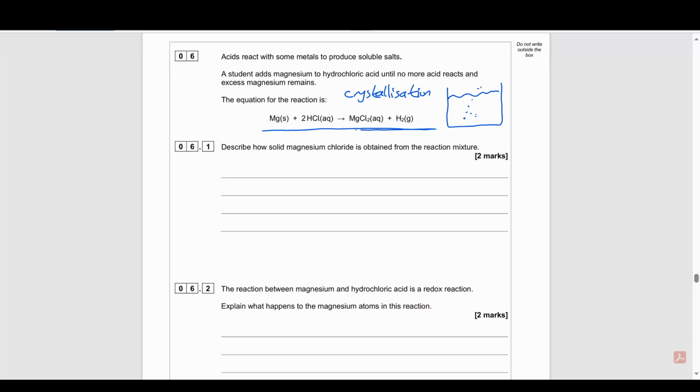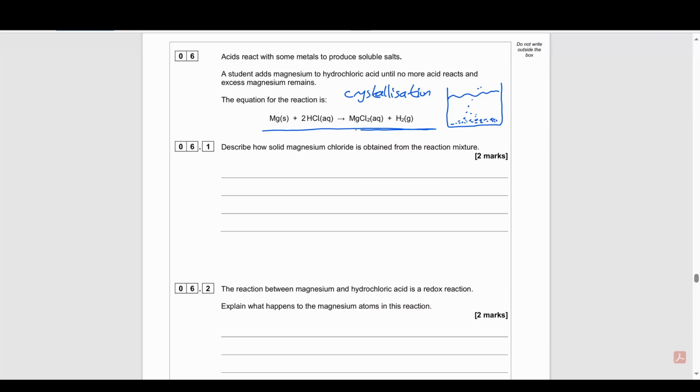You'll add as much of the base as possible until no more of the base can react. So that's what we mean by excess. And then you will filter that mixture so you are separating what has reacted from what has not reacted.